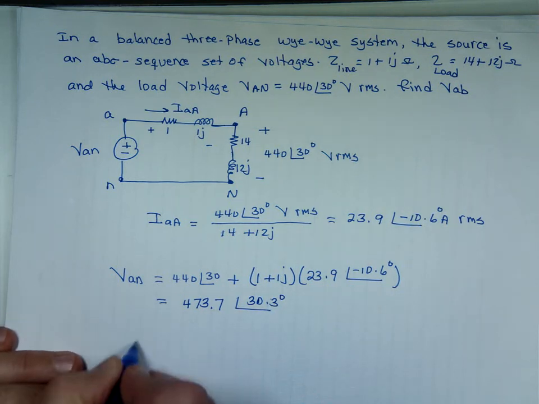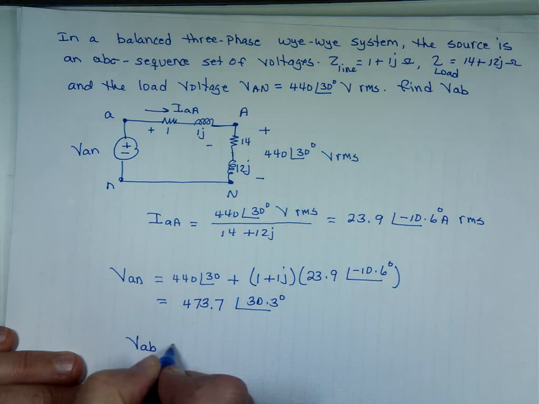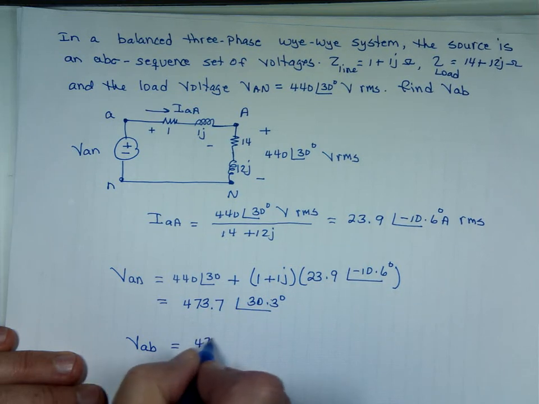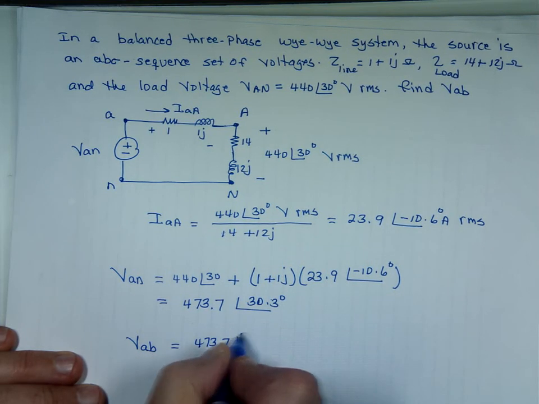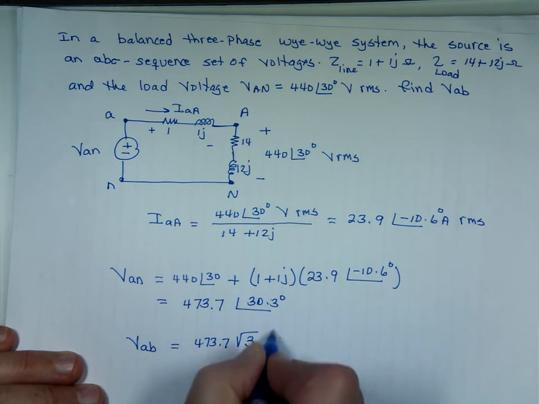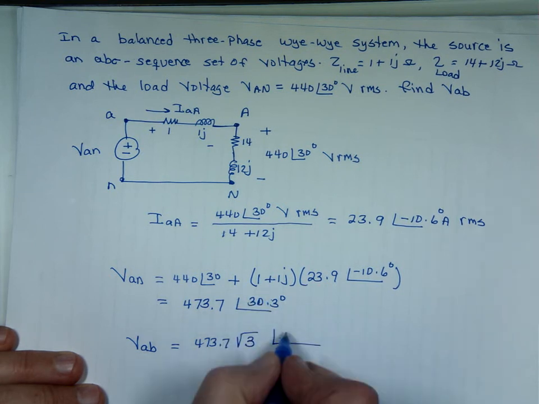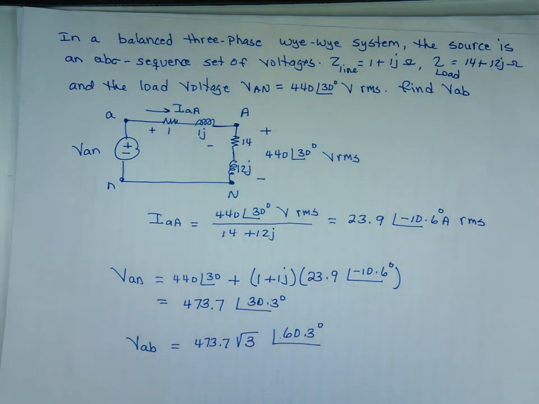If you want to find VAB, as I said early, you want to take the 473.7 multiplied by the square root of 3 and add 30 degrees to that angle, which is 60.3 degrees. And that's roughly 1.7.